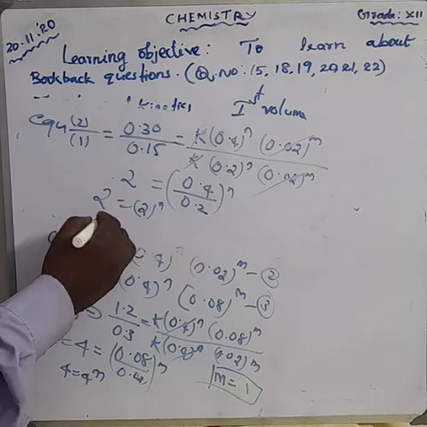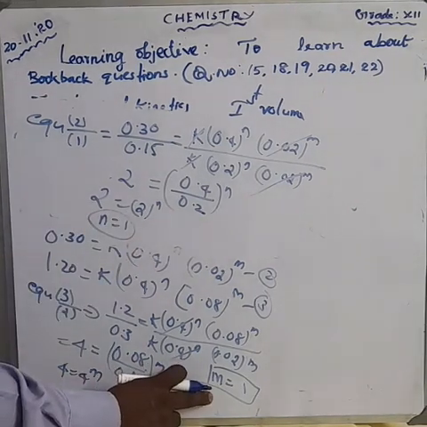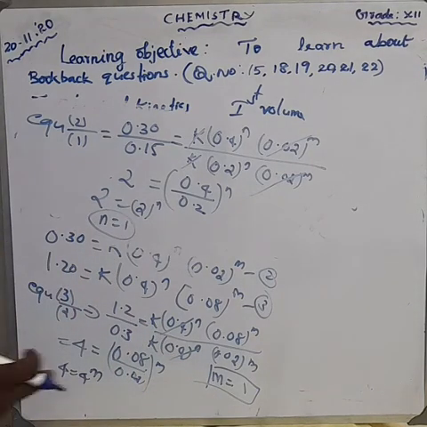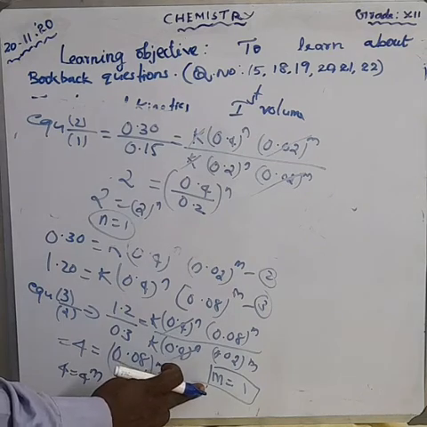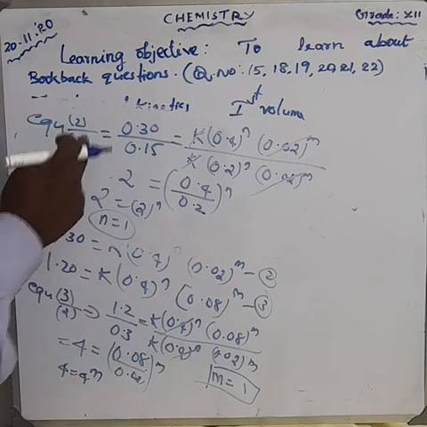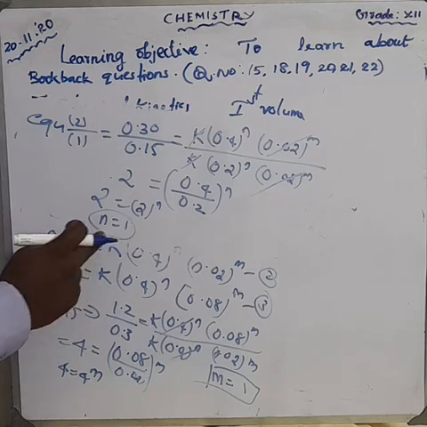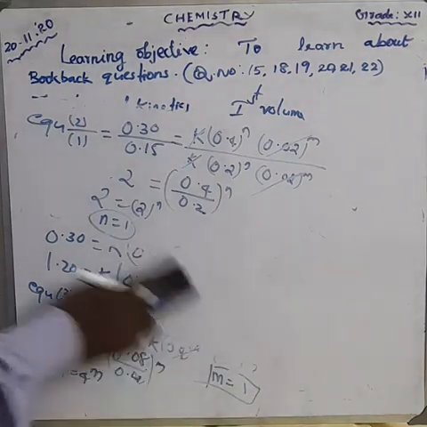So what is the value of n? n is equal to 1. Here m is equal to 1 from equation 3 by 2, and n is equal to 1 from equation 2 by 1. Clear? So we shall write the rate. What is the rate?